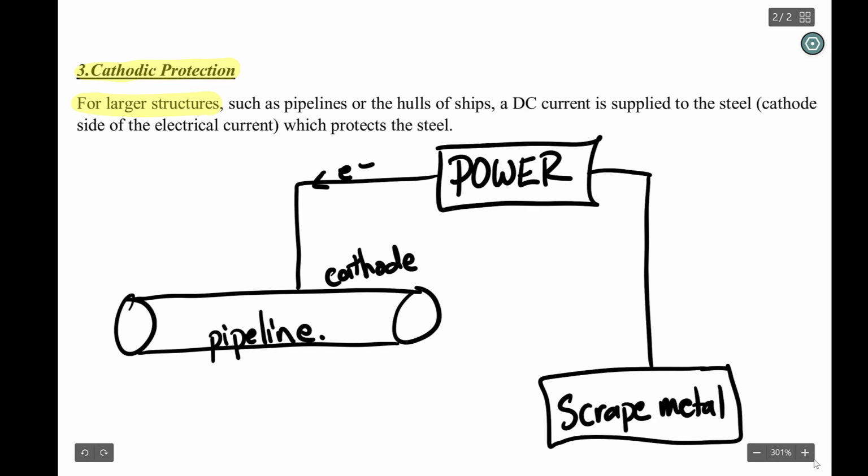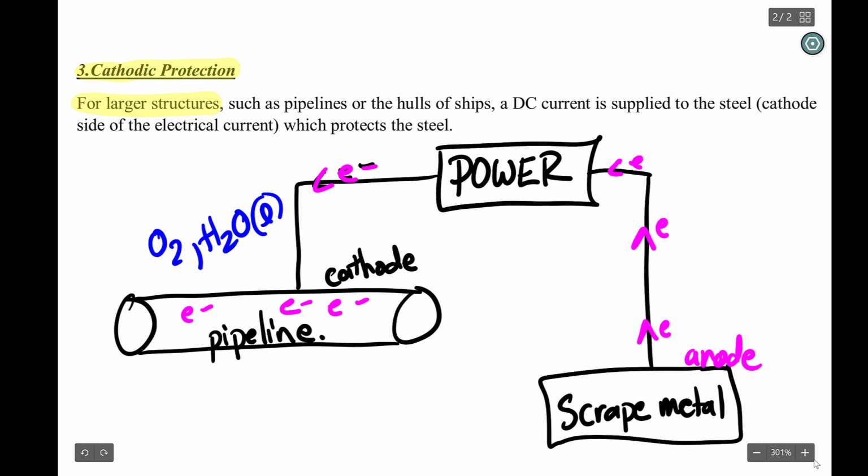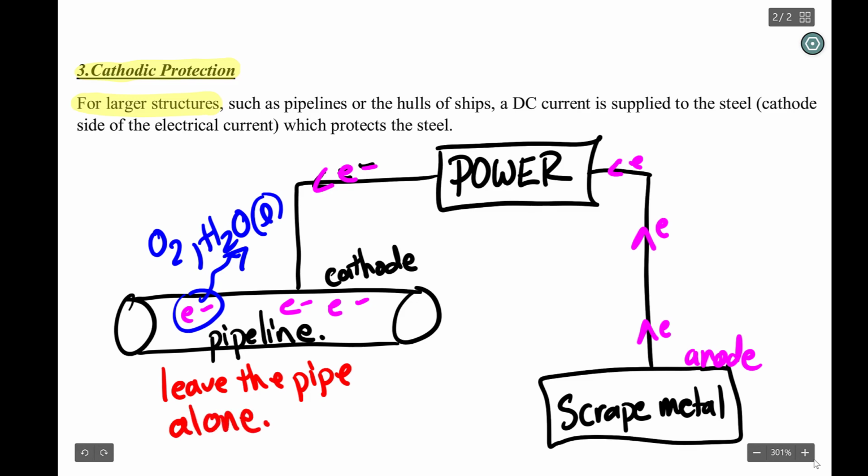And essentially electrons would be drawn away from the scrap metal, anode to cathode. These electrons would coat the pipeline, and then the moist air or oxygen dissolved in water in the ground would then pick up these electrons, do its reduction half reaction, but leave the pipe alone, stopping it from corroding.